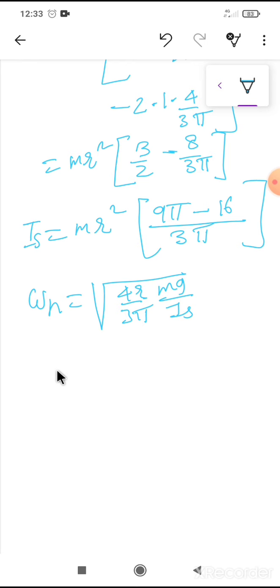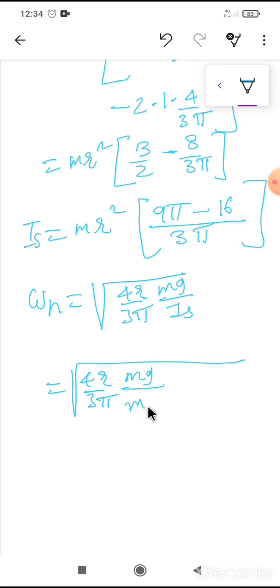So let's put the value of IS. 4r by 3 pi into mg upon IS, where IS is mr square into 9 pi minus 16 divided by 6 pi. Sorry, the LCM value was 6 pi, since 3 pi into 2 was 6 pi, so it was 6 pi here. So 3 pi will get cancelled, r will get cancelled, m will get cancelled.